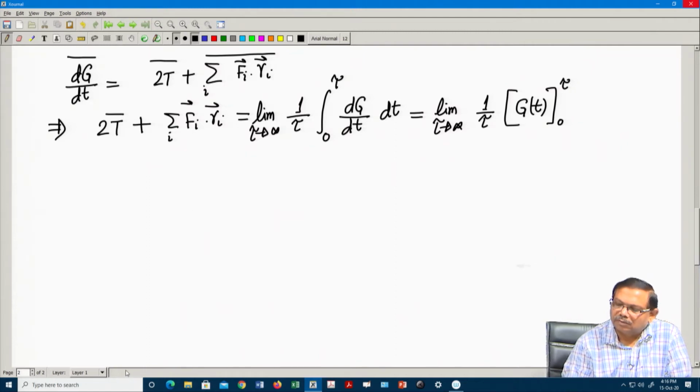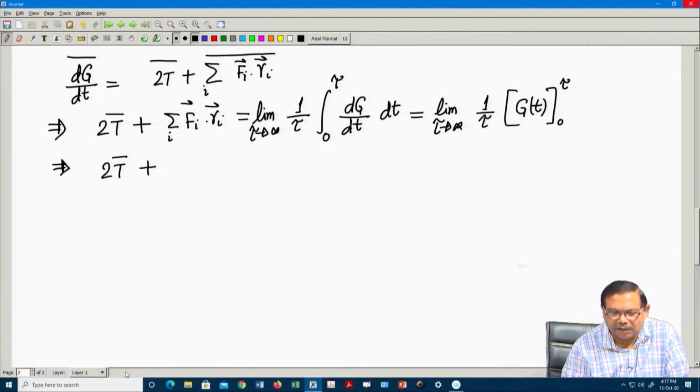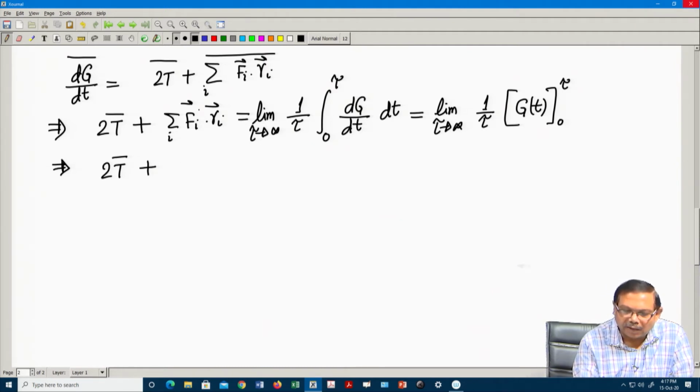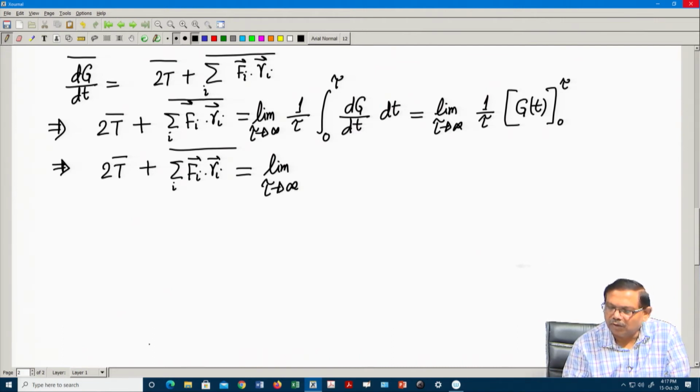That is what we have found. So, twice the time average value of kinetic energy plus the time averaged value of sum of F_i dot r_i is the limit of tau going to infinity of 1 upon tau times G of tau minus G of 0.